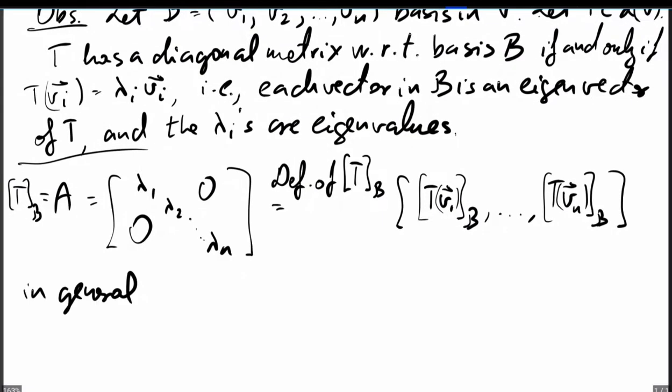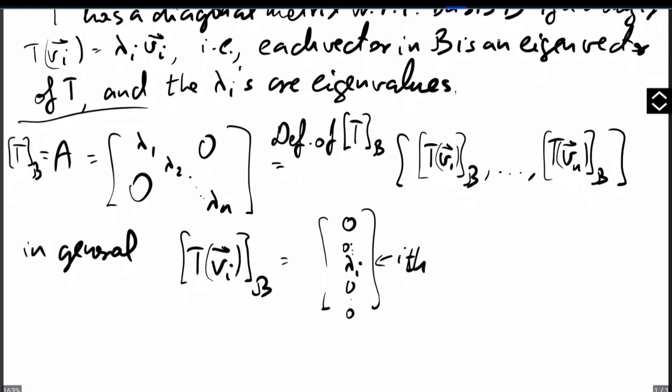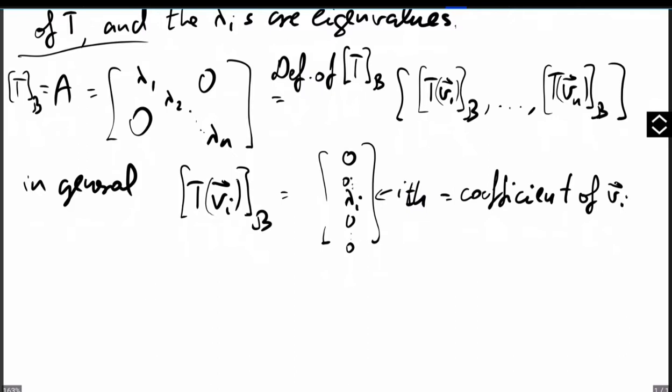In general, the image of the ith vector in the B basis equals 0 everywhere except the ith component, which is lambda i, which means the ith component is the coefficient of the Vi basis vector, which exactly means that T vi equals lambda i Vi. And since none of these Vi's are 0 vectors, the only way it's possible is that lambda i is an eigenvalue and Vi is an eigenvector.